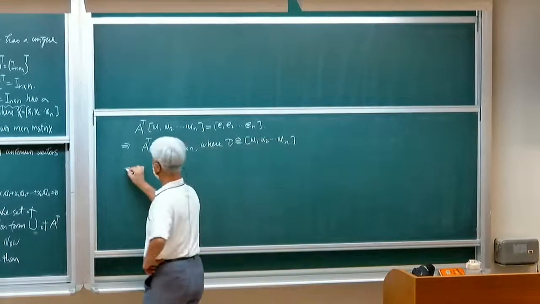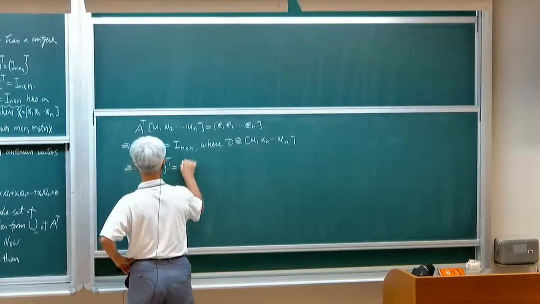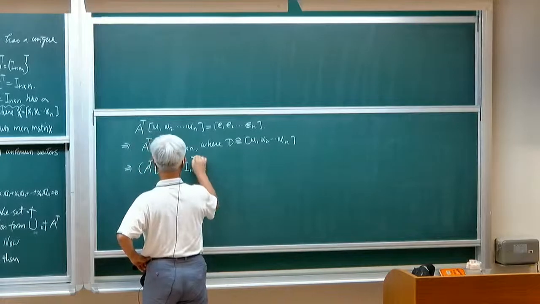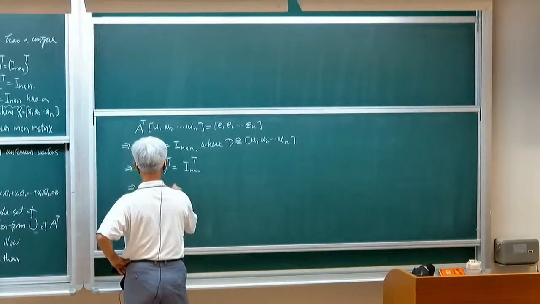Now we take the transpose again. So this says that DTA equal to the identity.